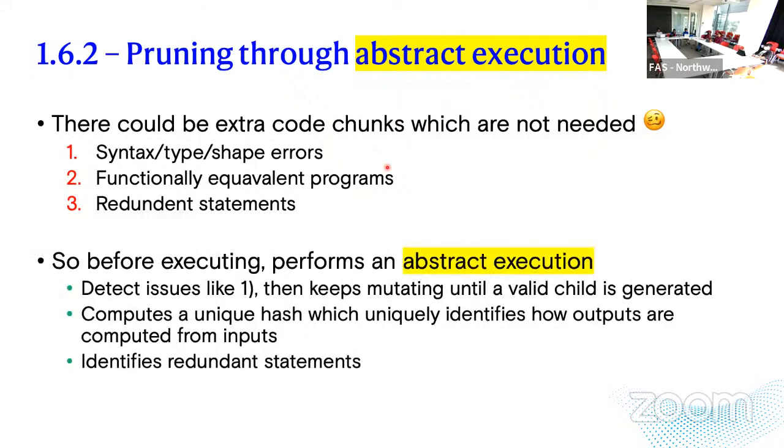So they come up with this step called abstract execution, where it takes a very fractional amount of time to evaluate whether it has errors like these. And also they compute a unique hash which fingerprints how the inputs are connected to the output, how that computation looks, so that we can efficiently cache. And also it can identify redundant statements.